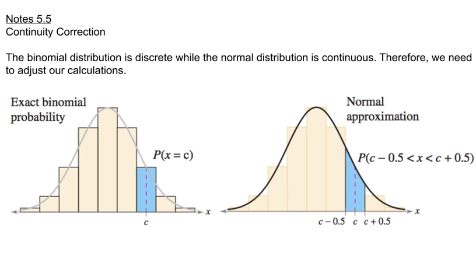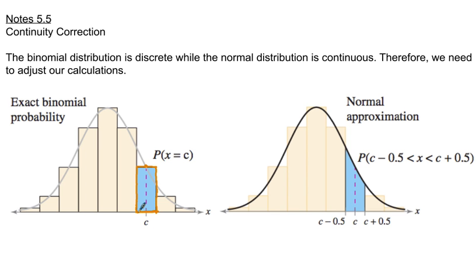So over here on the left-hand side, we see this highlighted bar. Now, normally, using the binomial distribution, to get the probability, we're actually finding the area of this bar. We would find the probability that x equals c, and that would be the height of this bar times the width of the bar, which is always just 1, if it's x equals a value in the binomial distribution.